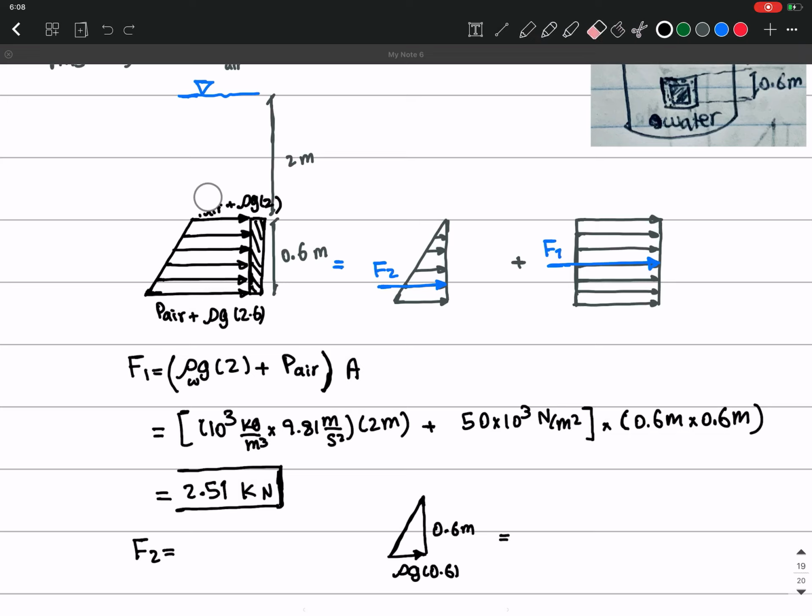P air is going to cancel out, so I'm just going to remove that. And rho g is going to be rho g times 2.6 minus 2, which is going to be rho g 0.6 meter, right? So that is what I have written here.